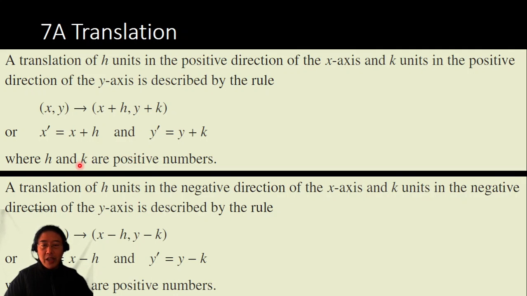If h and k were negative, so for h you move in the negative direction of the x-axis, and k in the negative direction of the y-axis, you will substitute with minus h and minus k, and similarly in the equations.